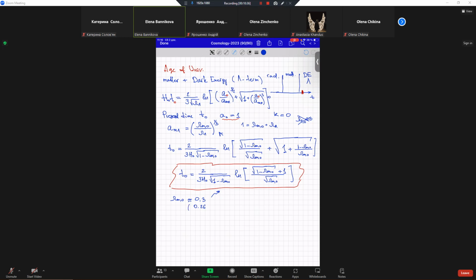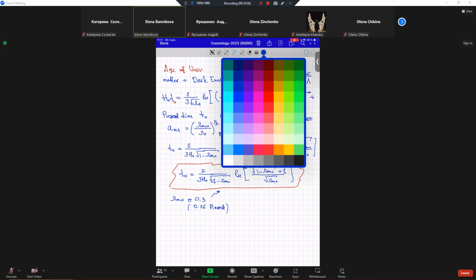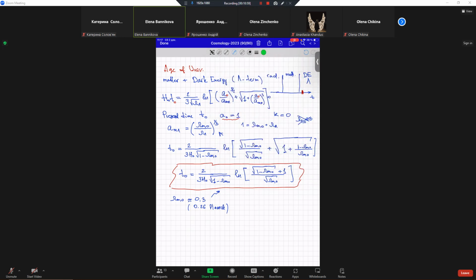Yes, I will write Planck, the Planck telescope. So if we recalculate it, we can see that this part, which depends on omega m0, became approximately 1.5.